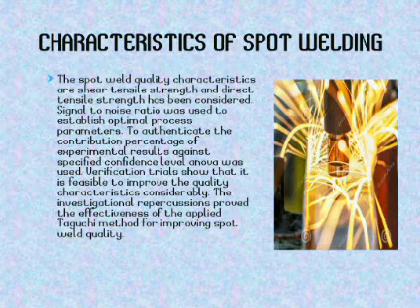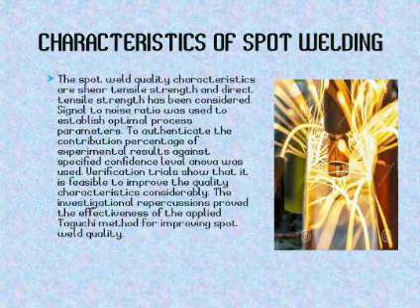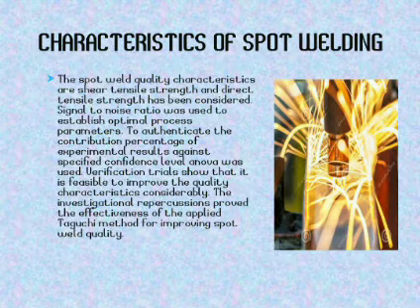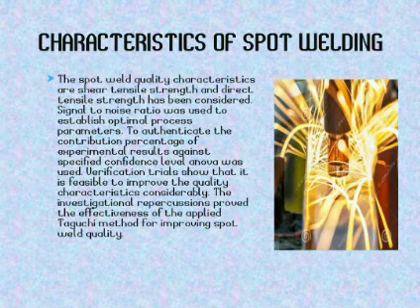Characteristic of spot welding, the spot weld quality characteristics considered are shear tensile strength and direct tensile strength. Signal to noise ratio was used to establish optimal process parameters, and ANOVA was used to authenticate the contribution percentage of experimental results against a specified confidence level.